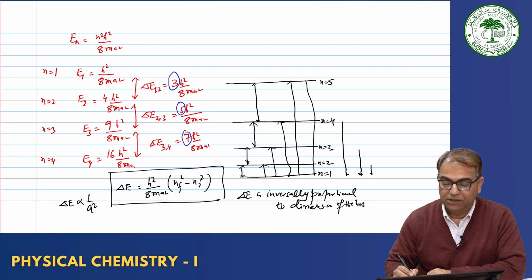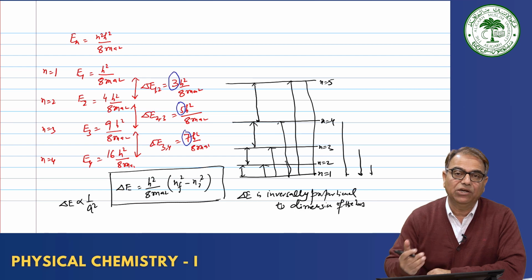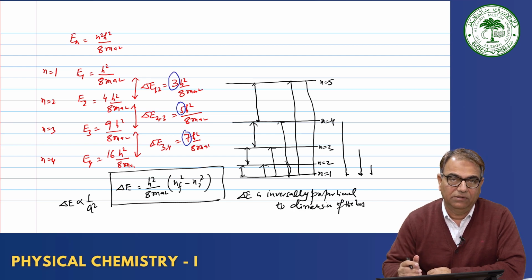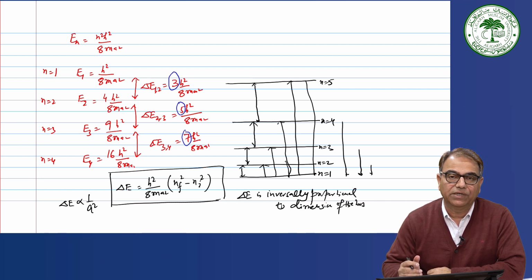Means, do we have any restriction or any kind of migration is possible? And so, we introduce the concept which we will do in detail in spectroscopy, but here just to introduce you that there are certain rules by which this transition takes place, and these rules are called selection rules.